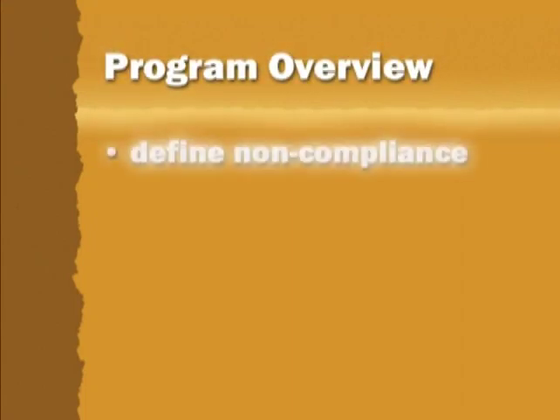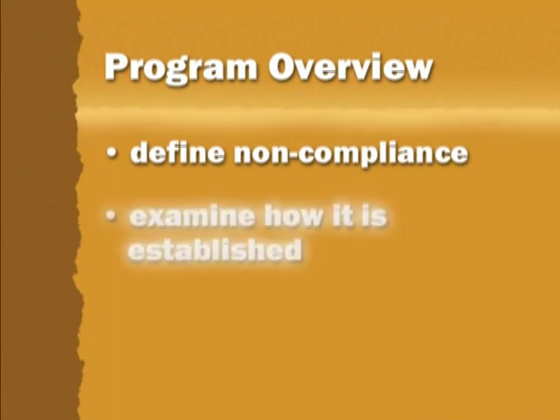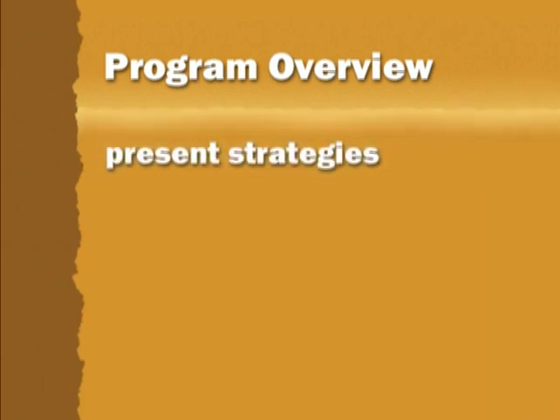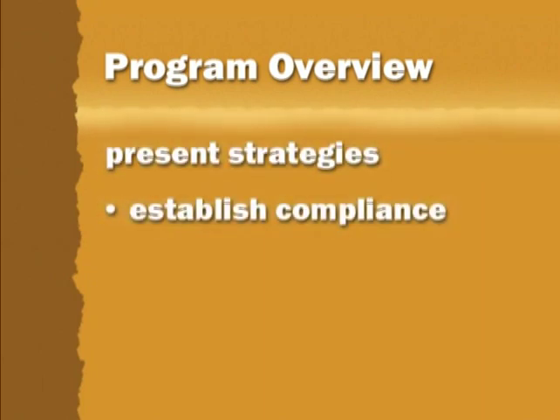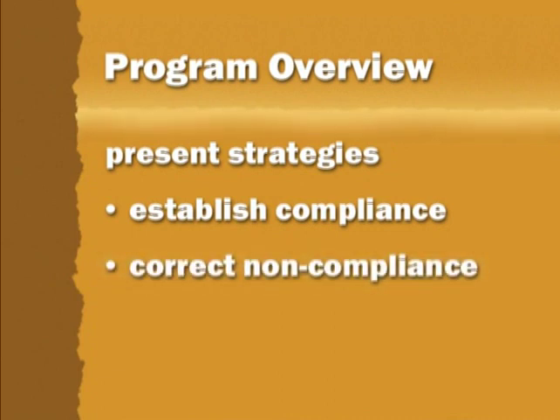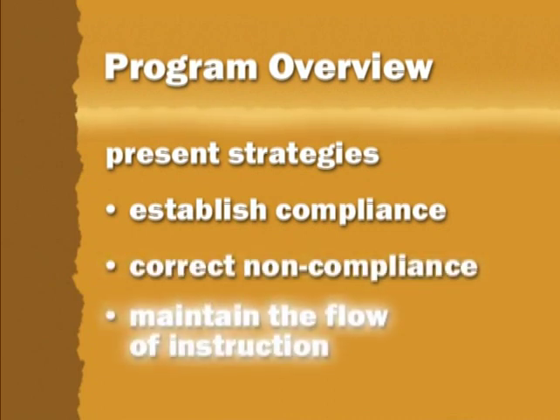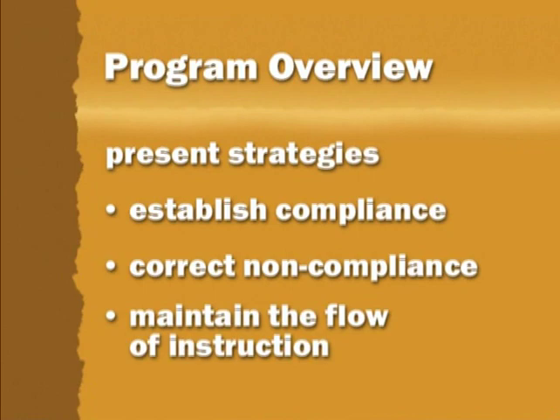First, we will define non-compliance and examine how it is established. Second, we will present strategies to establish compliance and cooperation, correct non-compliance, and maintain the flow of instruction. This strategy will be illustrated with several vignettes covering students K through 12.